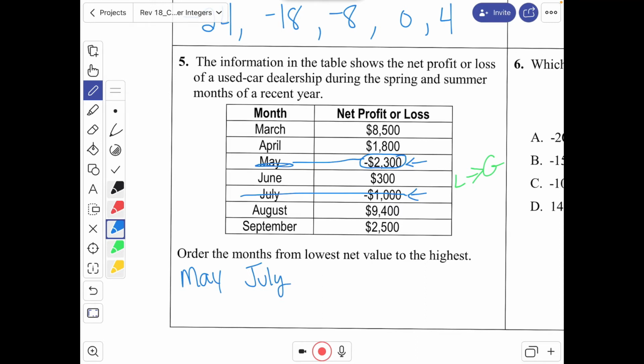Now all we have is positive numbers. So what's the smallest positive? It's going to be that 300, which was June. Then we have 8,500, 1,800, 9,400, and 2,500. Out of those, the smallest would be April.